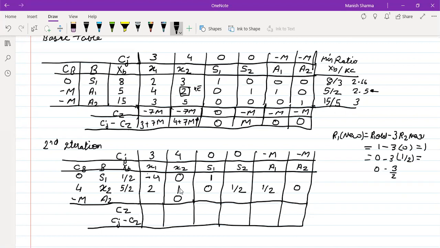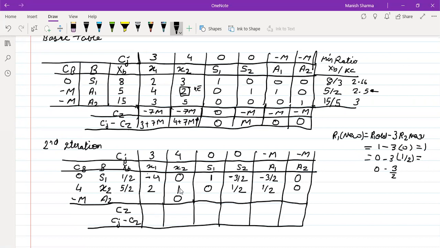So the answer is minus 3 by 2. Next is 0 minus 1 by 2, again minus 3 by 2. Correct? Next will be 0 minus 0, so it will be 0.